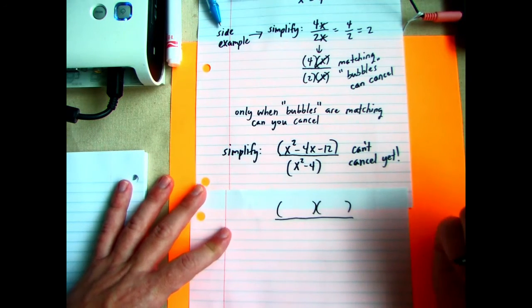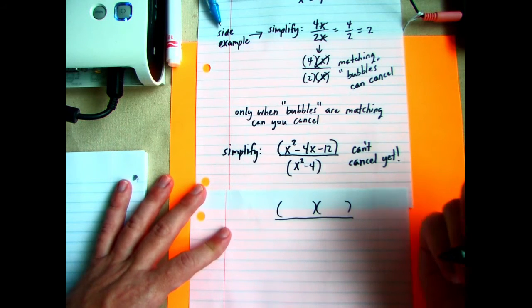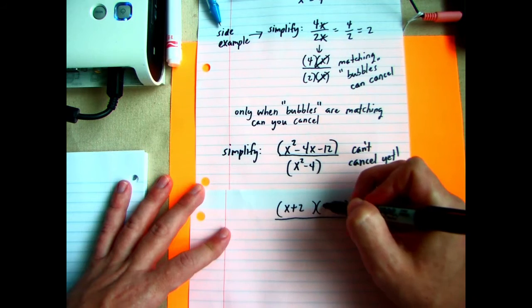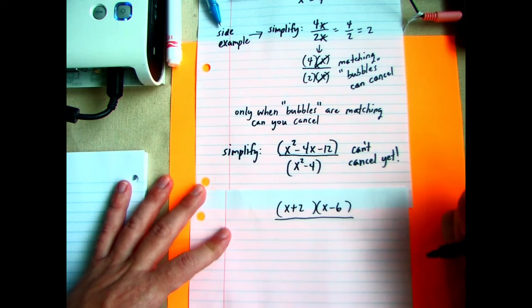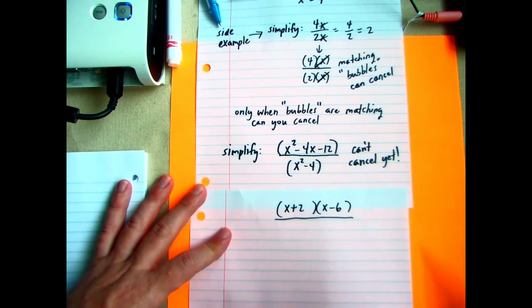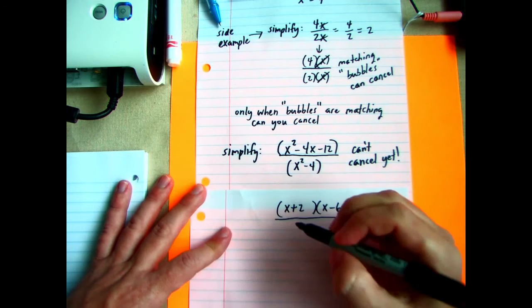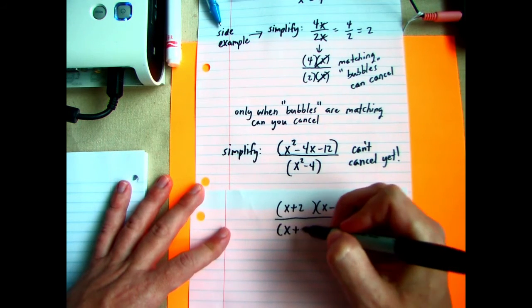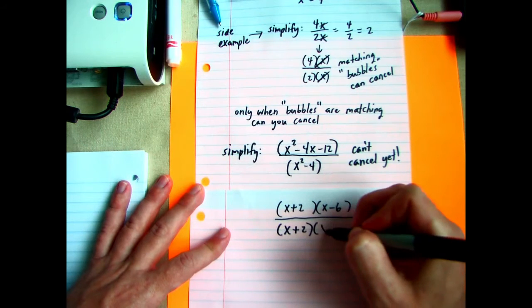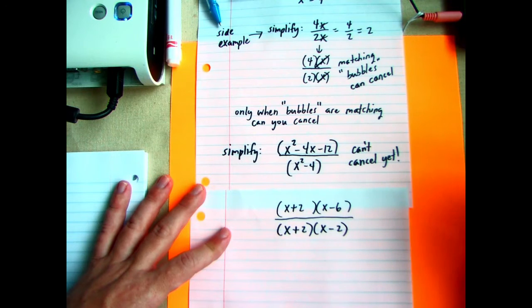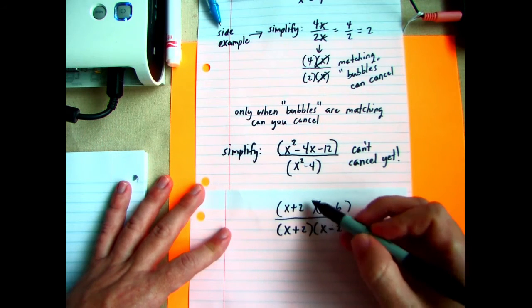So let's factor that numerator. Let's do reverse FOIL. This is going to factor to x plus 2 times x minus 6. So now I have 2 different bubbles. Again, just kind of opening the door to more possibilities to cancel. Let's factor the denominator. The denominator factors to x plus 2 times x minus 2.